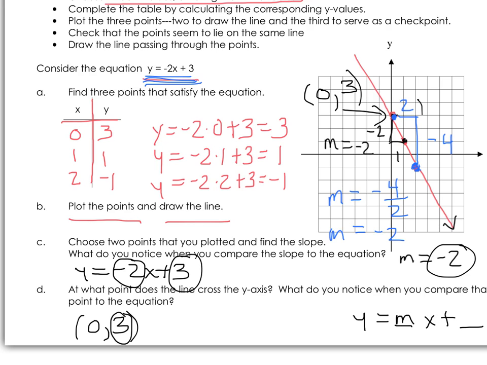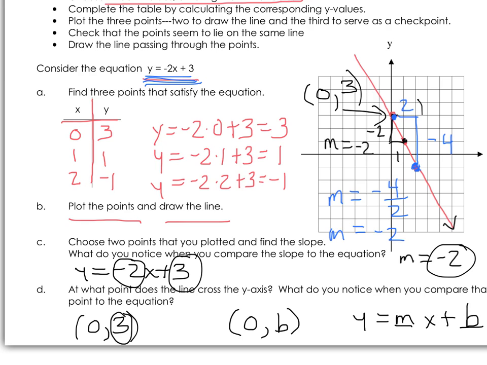No, there's not a coincidence involved here. When the equation has been solved for y equals mx plus something, that something will always be the value of the y-intercept, of where the line crosses the y-axis.